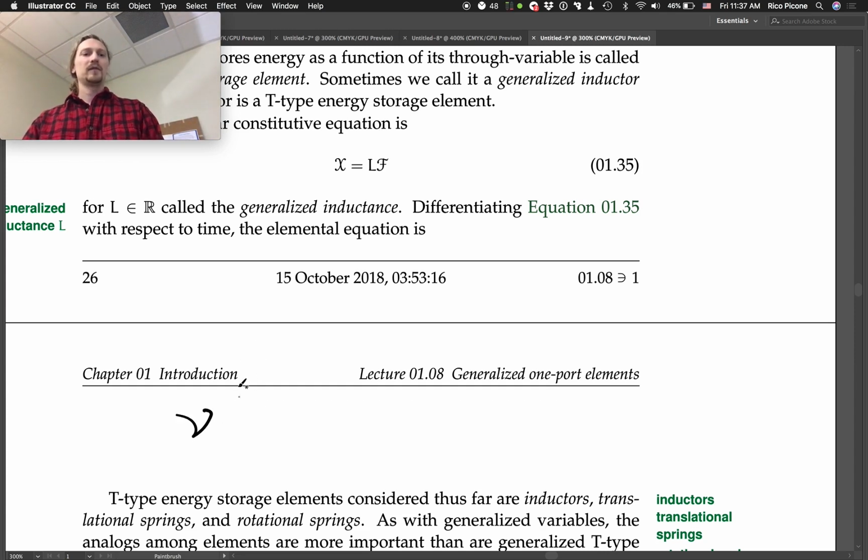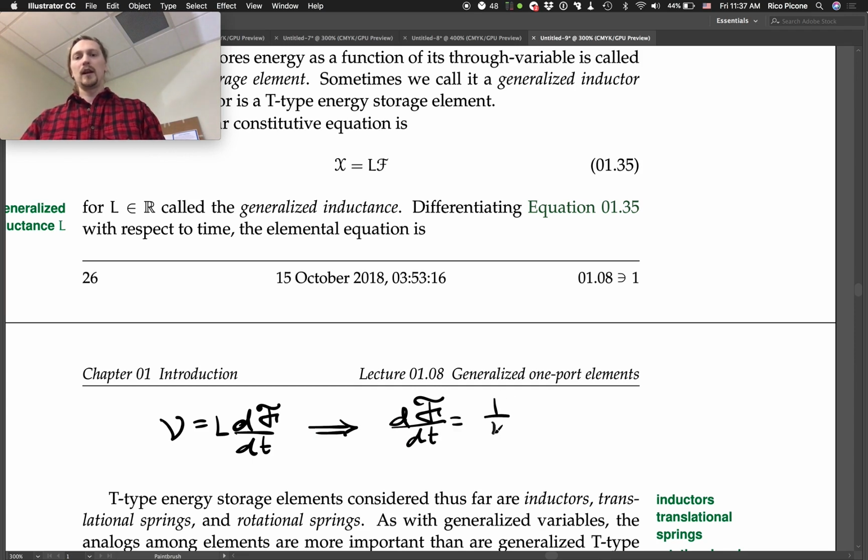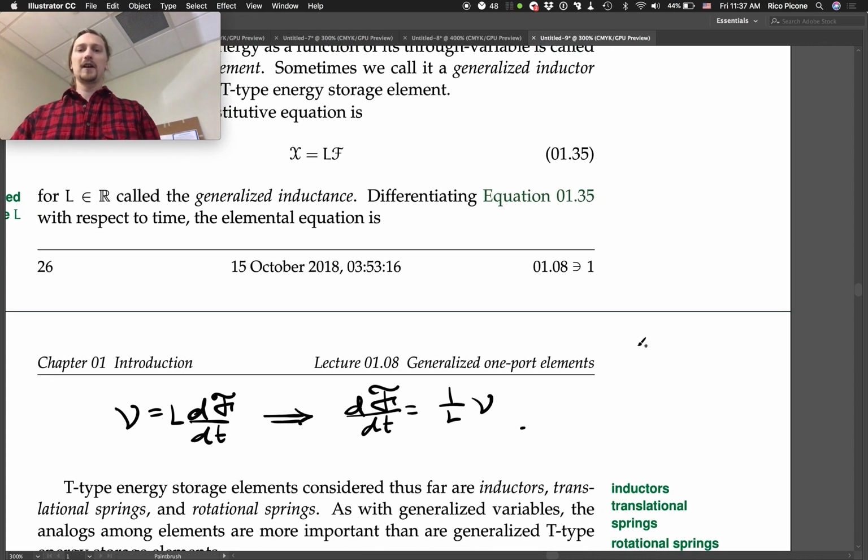So v equals L is a constant, f, so df dt, and if we rearrange as usual, we get df dt equals 1 over L v, and this looks a lot like our electronic inductor, right?